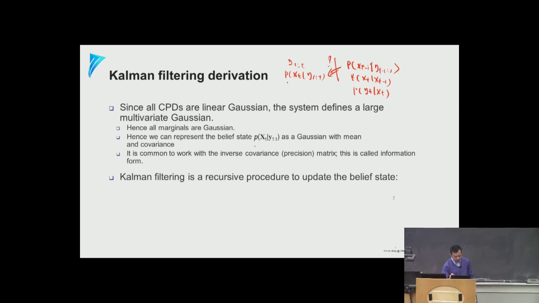Maybe you can think about it the following way. If I have this already, then I could start writing down p of x_t and x_{t-1} given y_1 to t-1, right? So basically, from these two, I get this already, using maybe a proportionality, something like that.